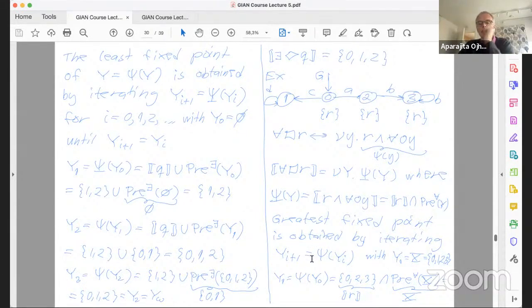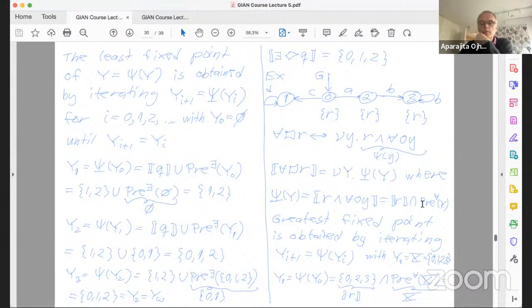And the greatest fixed point is obtained by starting with the initial state set equal to the whole set. So y0 is then the whole state space, which I call X at the moment. And all states here are 0, 1, 2, 3. By this, we iterate and find that y1 should be equal to psi of y0.